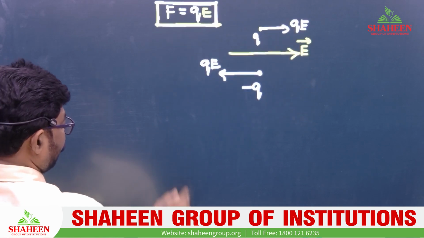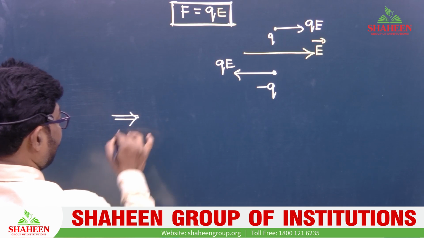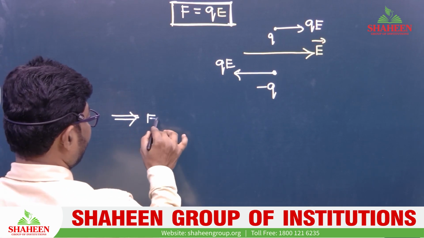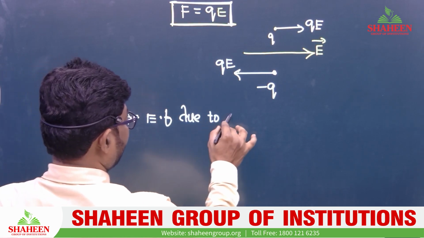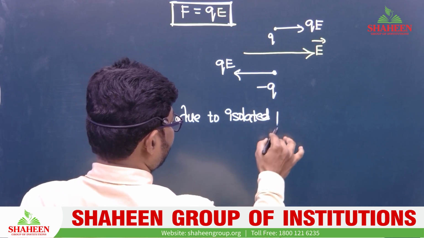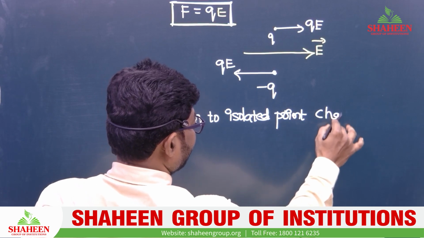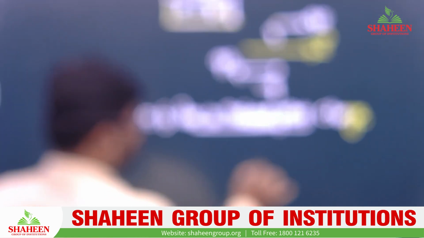Now this one, what can we write? Electric field due to an isolated point charge.